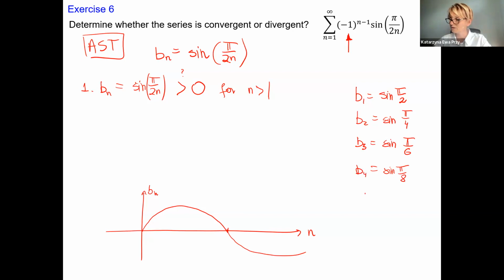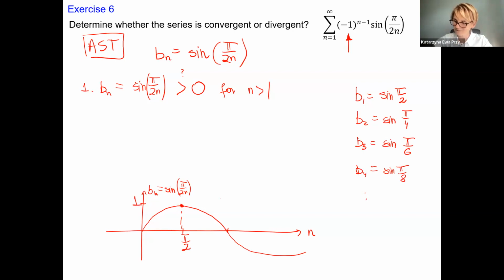That's 4, and so on. This is pi over 2. This is the value 1. Yes, because this is sine.